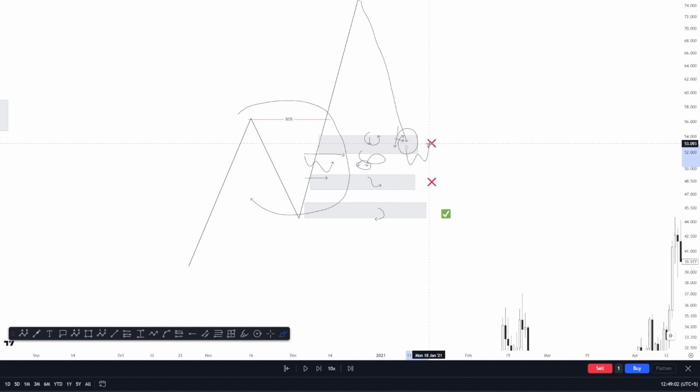Similarly, if there is an imbalance between the second and third demand zone, then the second one is also not valid, because liquidity still lies below this one, and if price reaches this demand zone, there are very low chances of price holding it, because liquidity lies right here. So in this specific case, the third one, or this bottom one, is the valid demand zone.